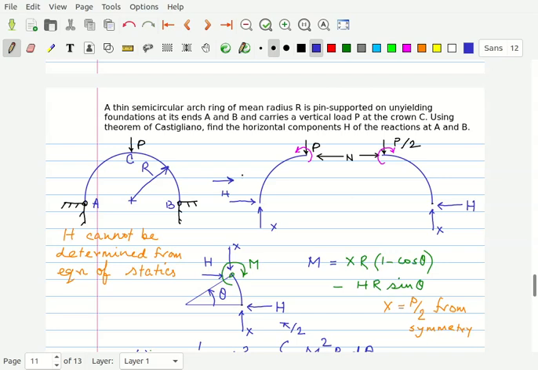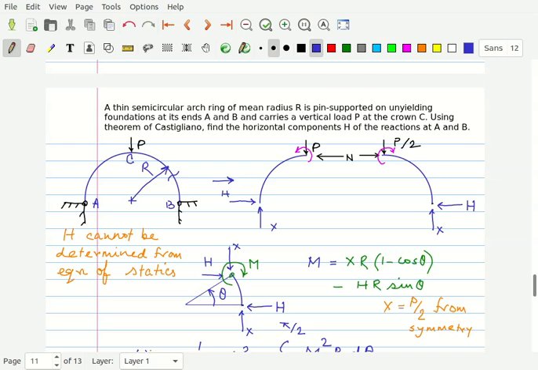So for that what we do, we have to cut it somewhere here, and we are showing the free body diagram here. So this is X, this is H, and since this is in static equilibrium, X will come and H will come, so this maintains the force equilibrium.